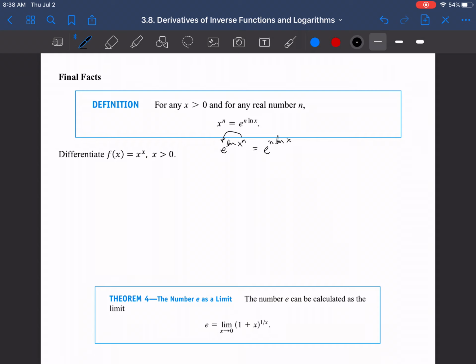And then the last thing is that the number e is the limit as x goes to 0 of 1 plus x to the 1 over x power. And you can try this if you want.